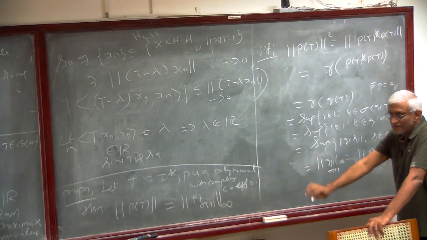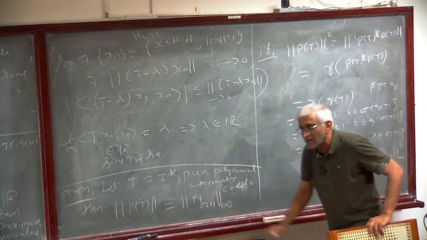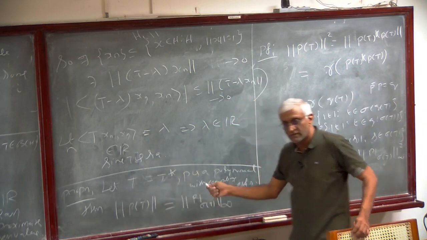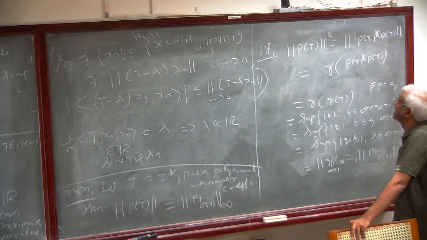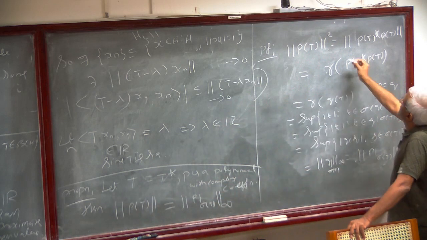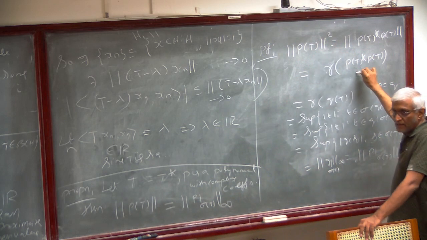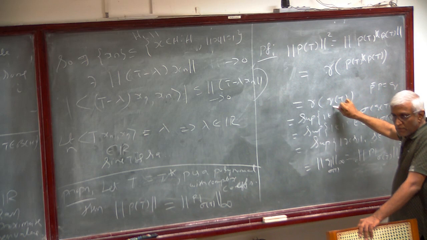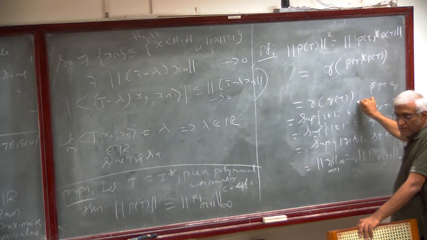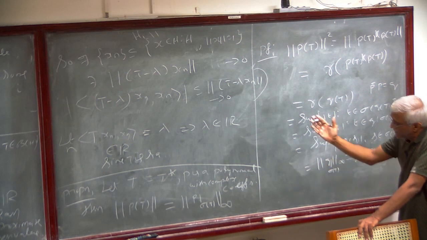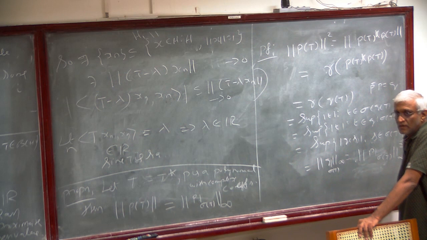This proves that the norm of P of T is the same as the infinity norm of this polynomial restricted to sigma T. For a general normal operator, the norm is also the spectral radius, which is the supremum of something coming from the spectrum, and that is a polynomial of that. The same proof will work, I think. So if we take any normal operator, I think this is true.